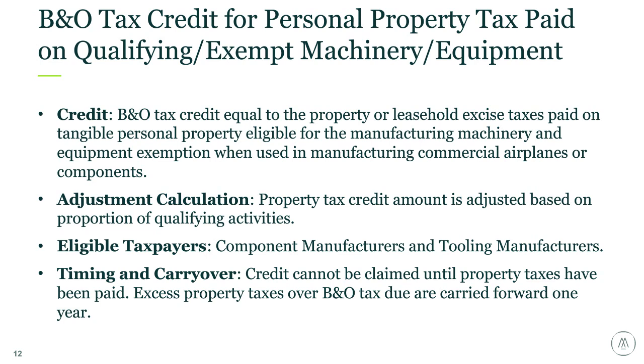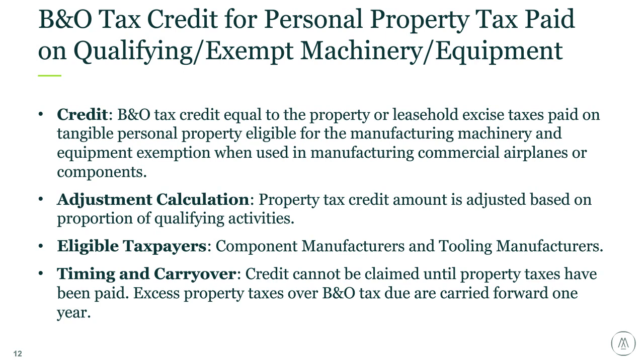Procedurally, you have to wait until you've paid the property tax to the county before you take the credit. But to the extent you exceed your overall tax liability, which actually happens pretty quick in a calendar year, given how low the preferential rates for B&O are for aerospace companies, you can recover this pretty quick through this property tax credit.